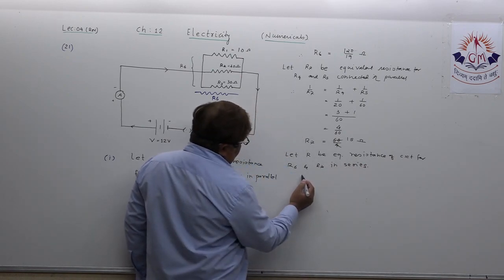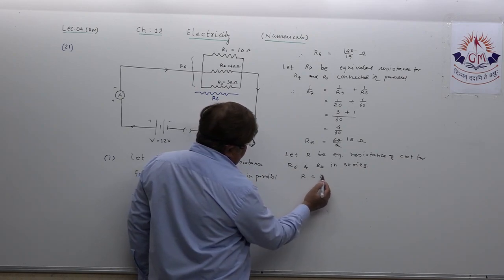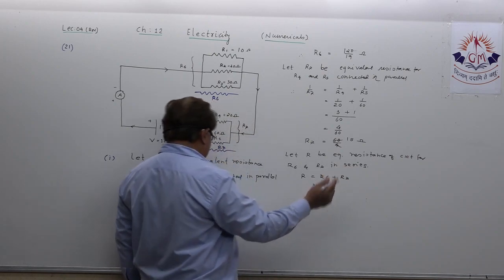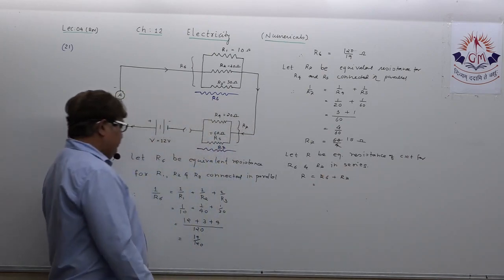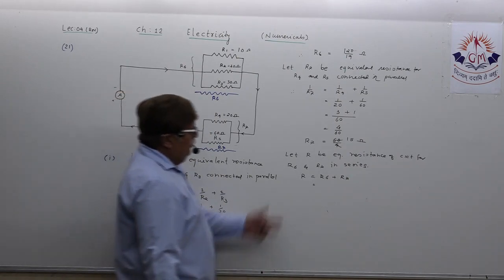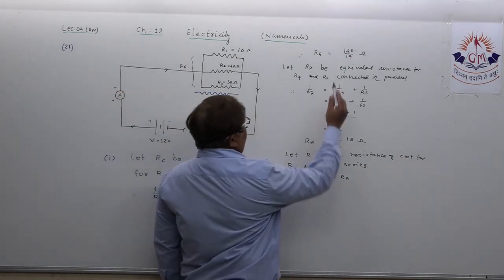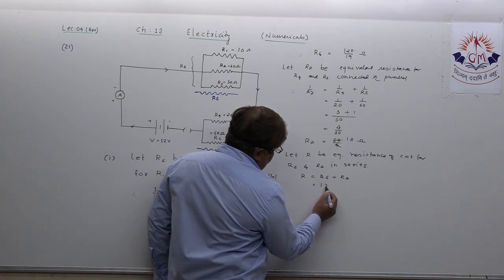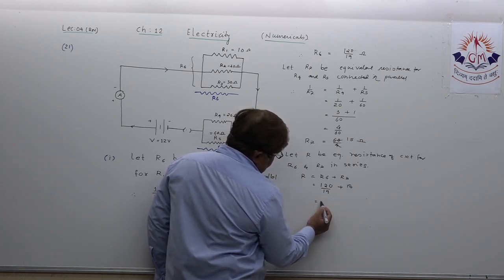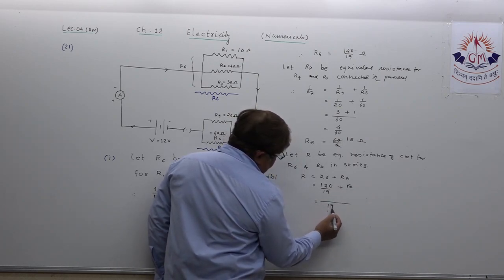So R equal to R6 plus R7. Okay, understood? Right. Let us write the value 120 upon 19 plus 15. Just take the LCM.